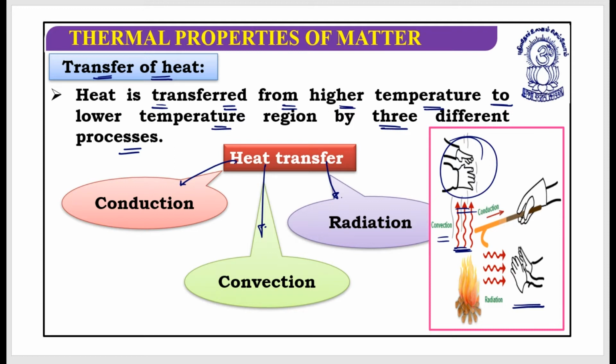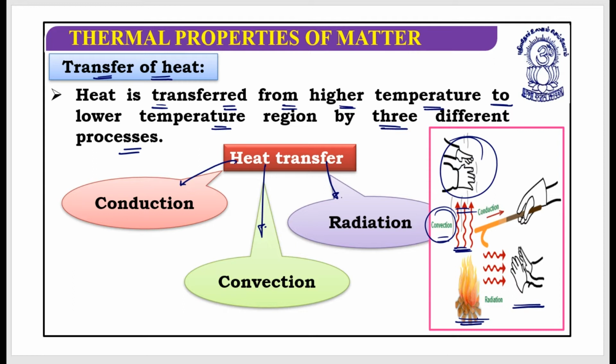In this manner, energy has been transferred from this source of energy to the hand of the person. I hope this is clear. So it is the method of convection.